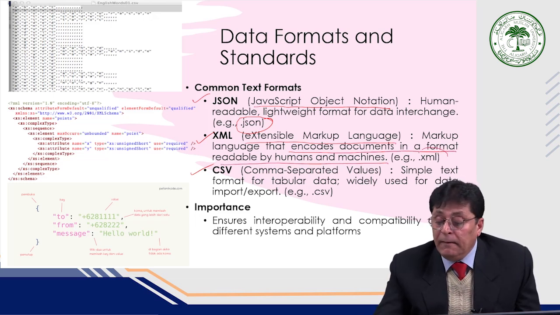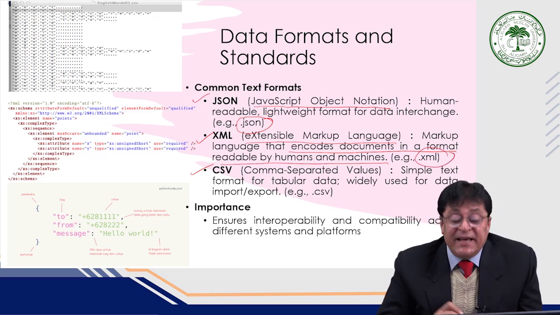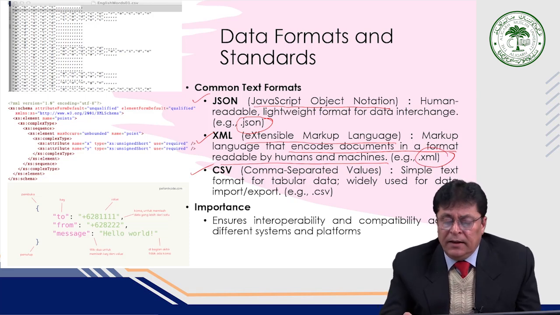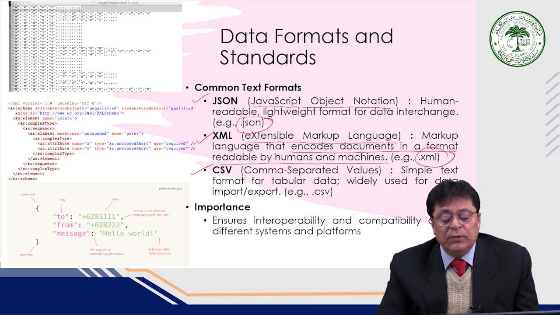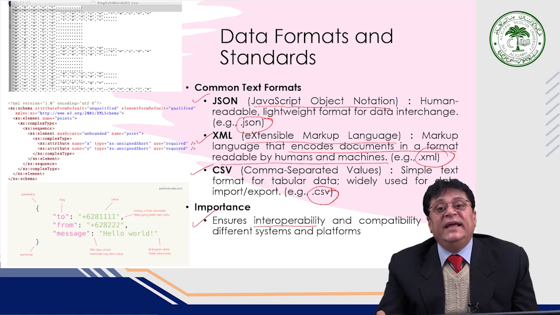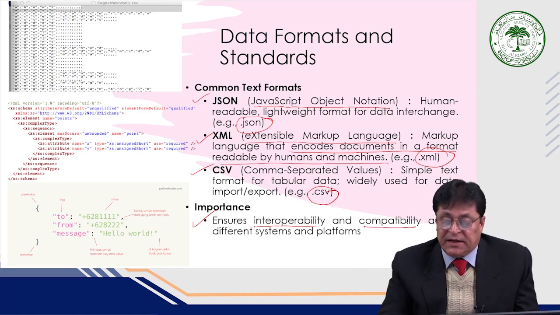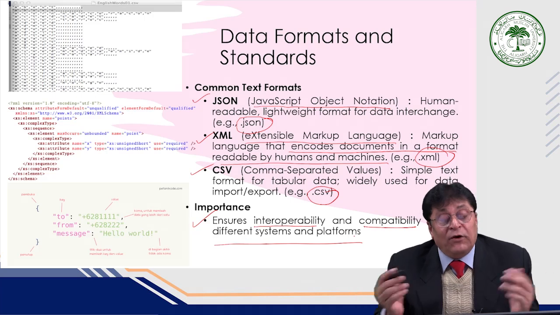You will find this additional name .xml. CSV file, very common. It is comma separated value and the extension name is .csv. These formats ensure interoperability and compatibility across the different systems and different platforms.